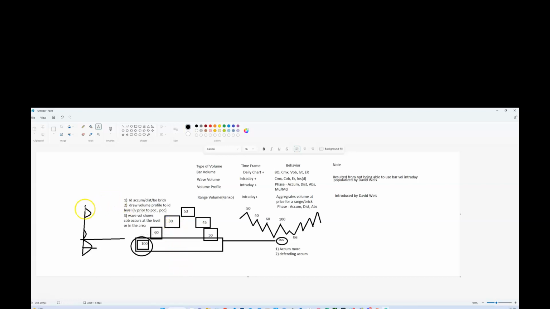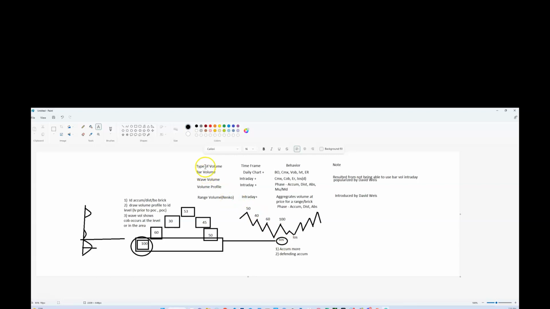So all this comes down to is this. Buyers are accumulating more or they're defending their accumulation. And as they're doing that, it is a legitimate edge. This is edge. Okay?